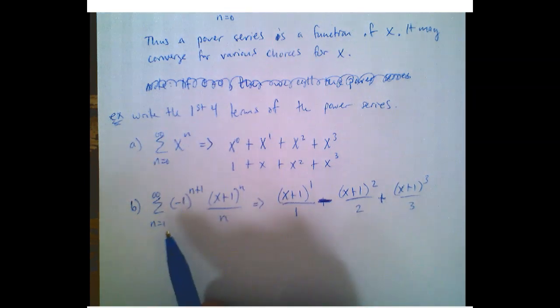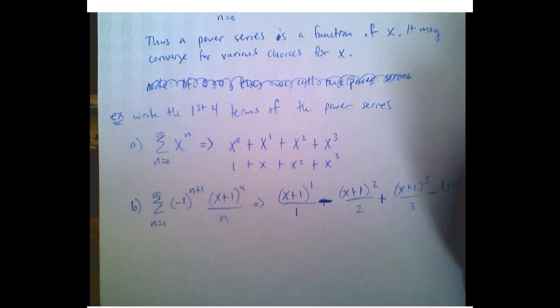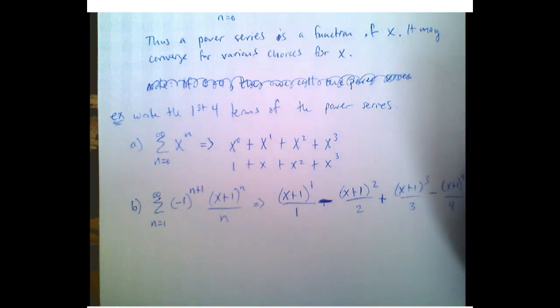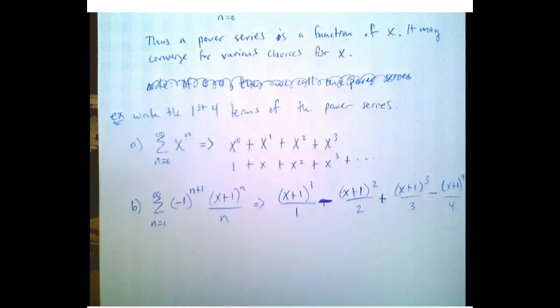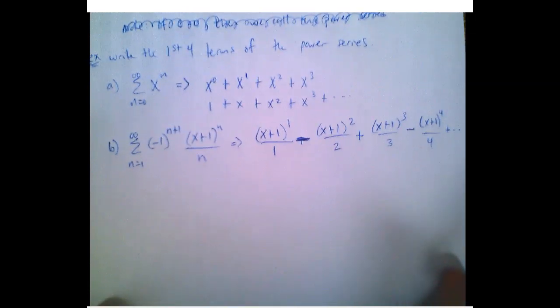And the fourth term here would be n is 4. This would give us an odd power, so we get minus x plus 1 to the fourth over 4, and so on. Right? So here we have the first 4 terms of that power series.